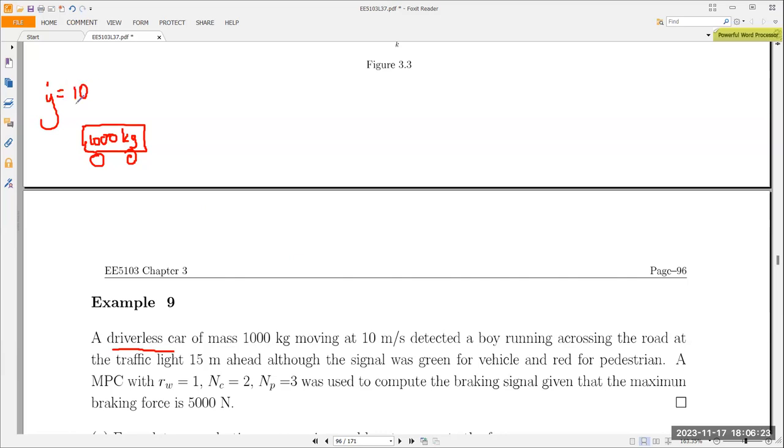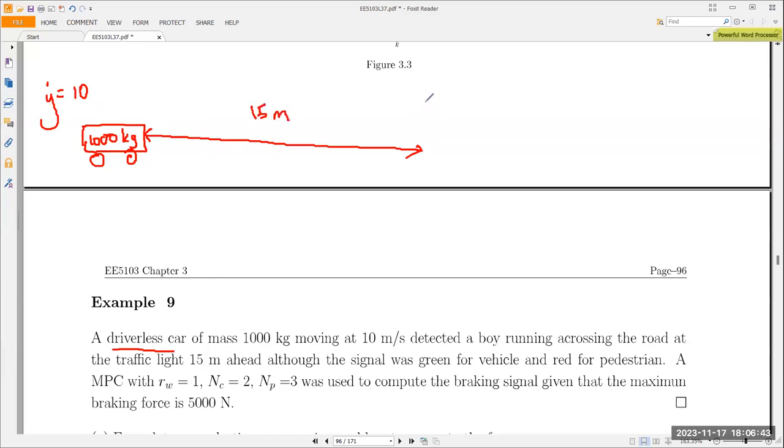It detects a boy running across the road at a traffic light 15 meters ahead. So from here to here is 15 meters.